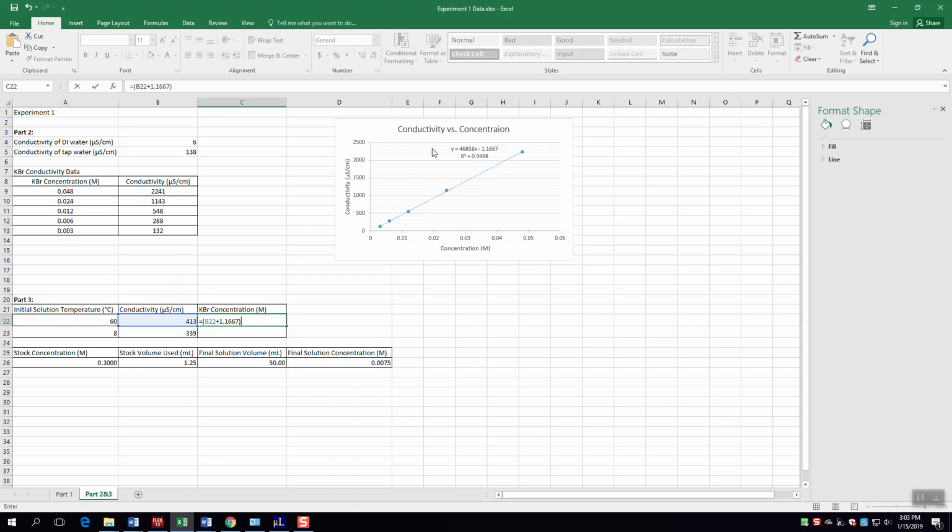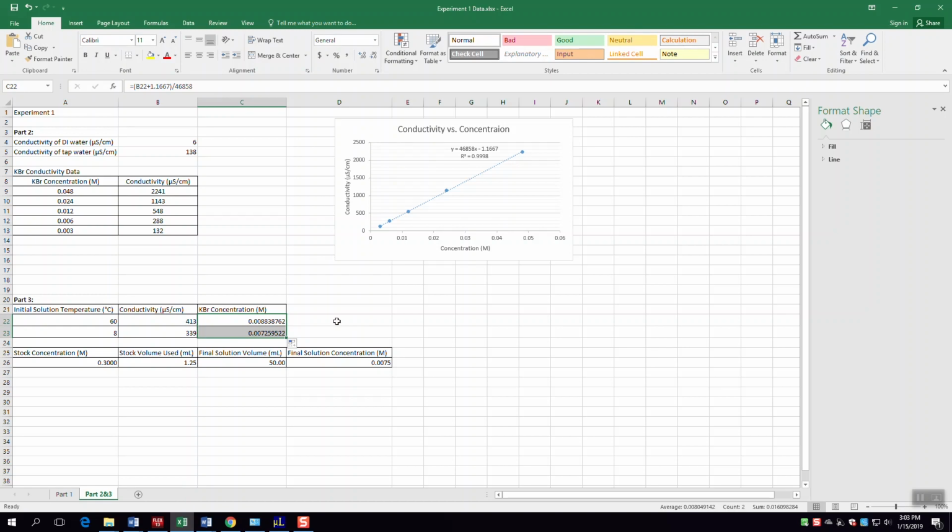So we want to add 1.1667, close parentheses. We then want to divide by the slope next to x, which in this case is 40.6858, and that will give us the concentration in molarity. We can then pull this down and do it again for the 8 degrees Celsius water.